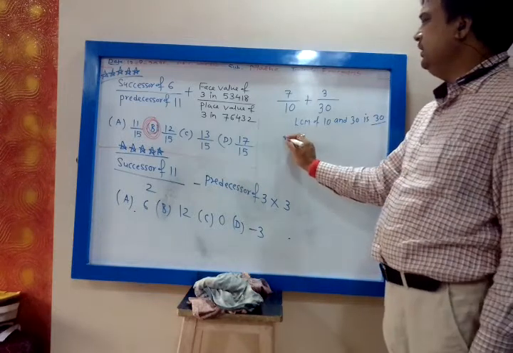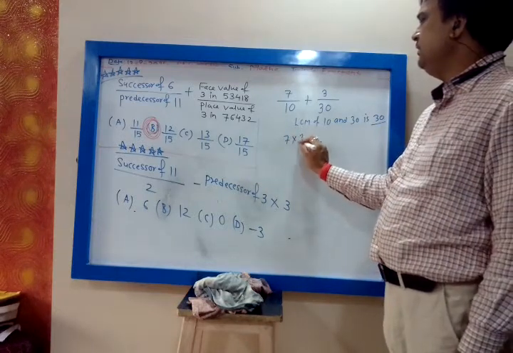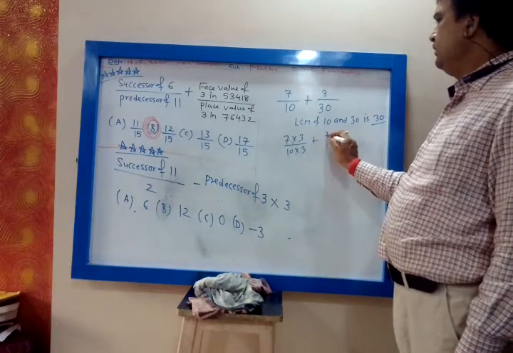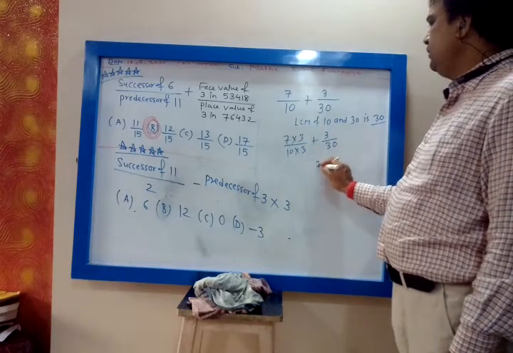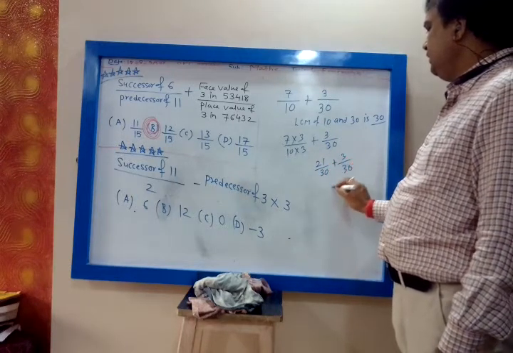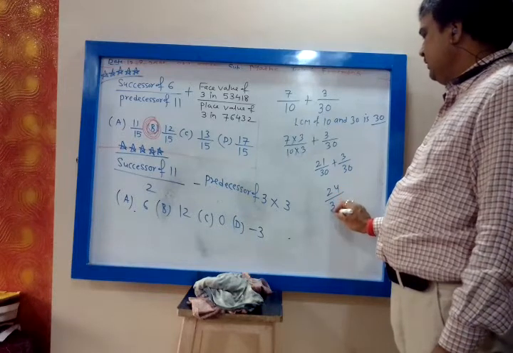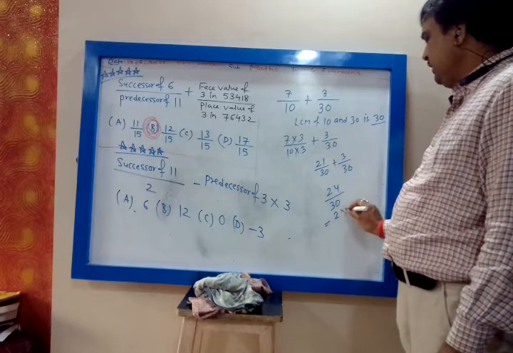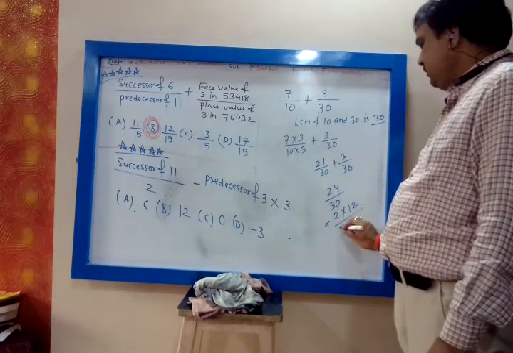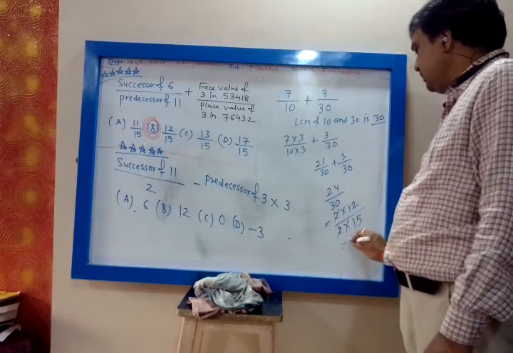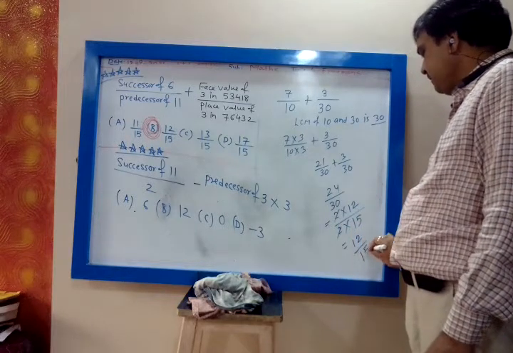So multiply by 3. 7 threes are 21 upon 10 into 3, 3 upon 30. 21 upon 30 plus 3 upon 30 is 24 upon 30. So 24 is 2 into 12 upon 2 into 15. 2 gets cancelled. Answer is 12 upon 15.